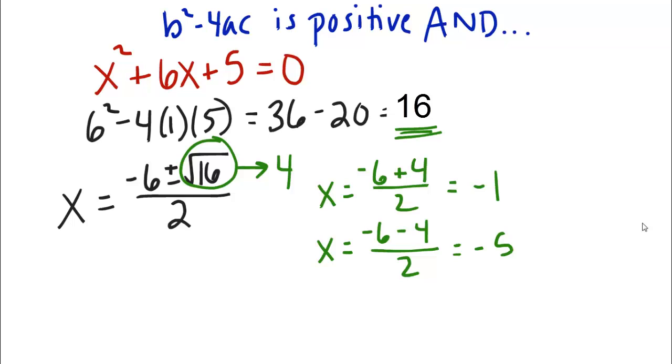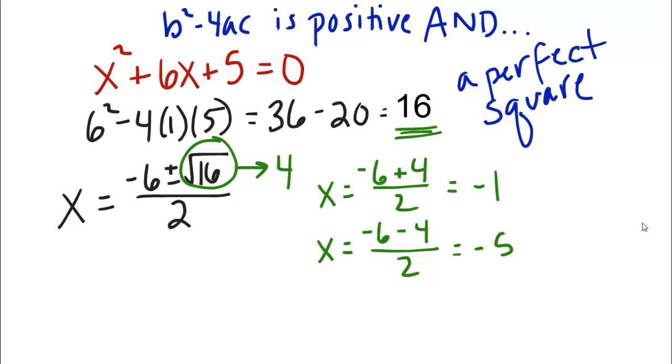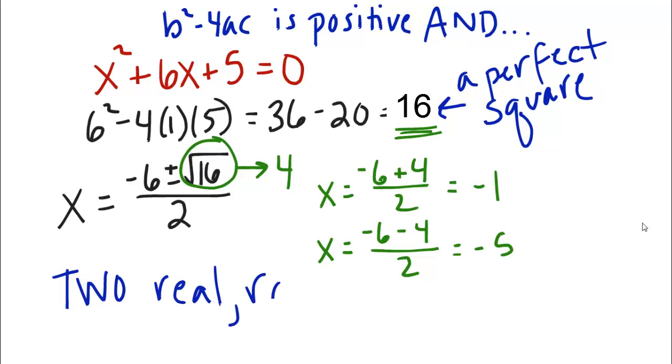Now, this nice number like 16, what that really is, is a perfect square. So if our discriminant is not only positive, but also a perfect square, then we have two real rational solutions.